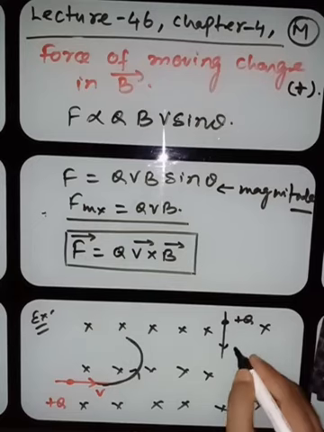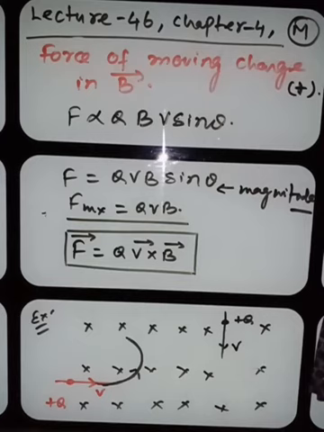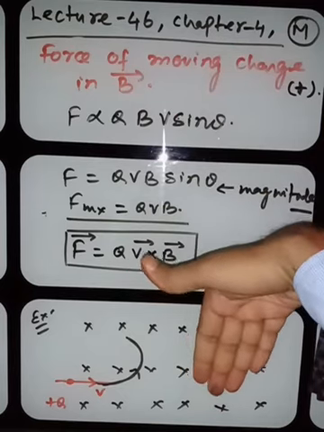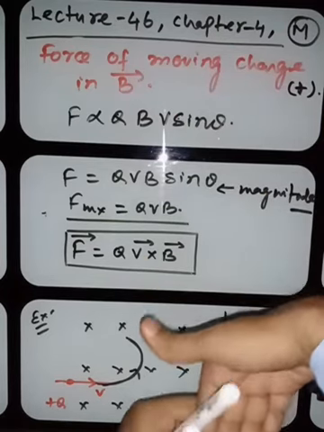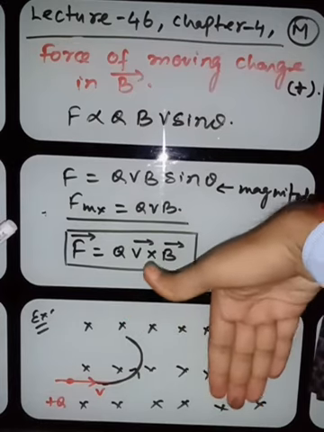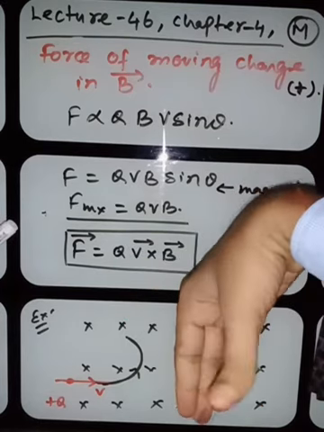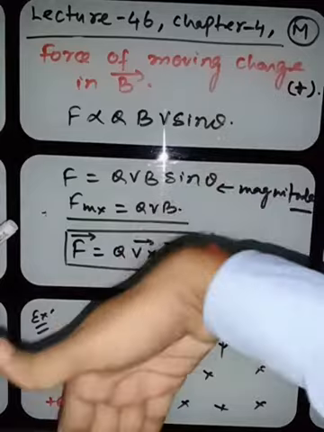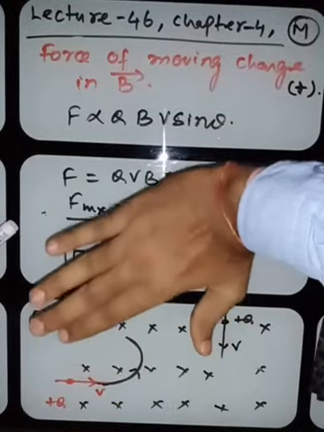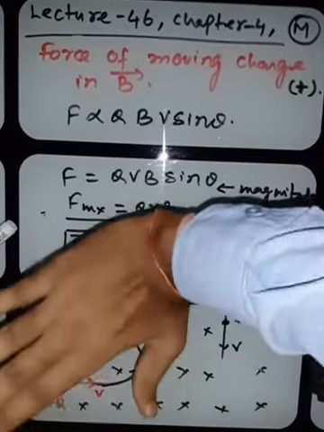Okay, let me do the rule again. This is the direction of velocity. Then I have to put my forefinger in this direction, but I have to move downward. I cannot move my forefinger in this way because I'm a very common man, a natural man, and a simple man cannot move the hand in this way. So let me put my forefinger like this, and then I will move down.